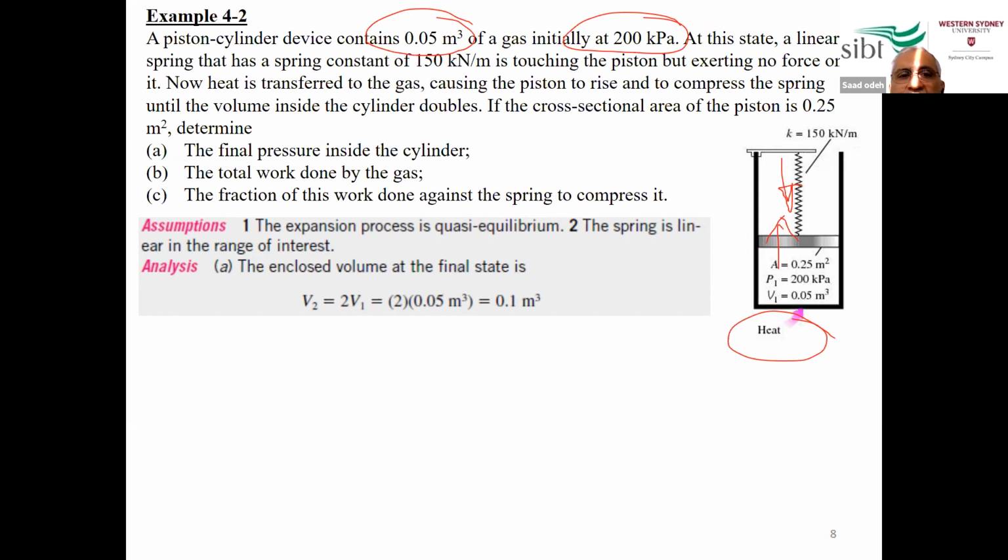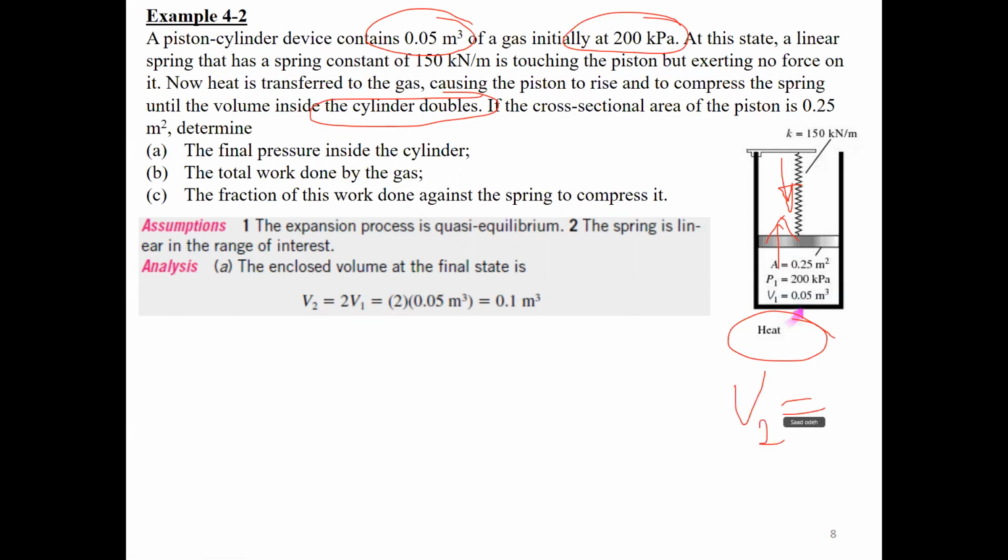Now, what they said here is that when we supply heat to the gas, the expansion will be up to a volume which is double the volume of the initial one. The volume inside the cylinder doubles. It means that if the initial is 0.05, what will be V2?